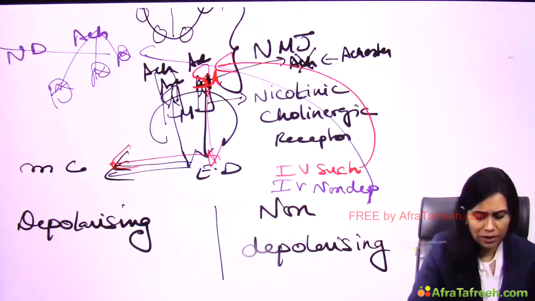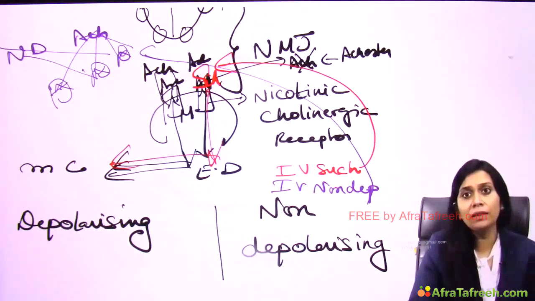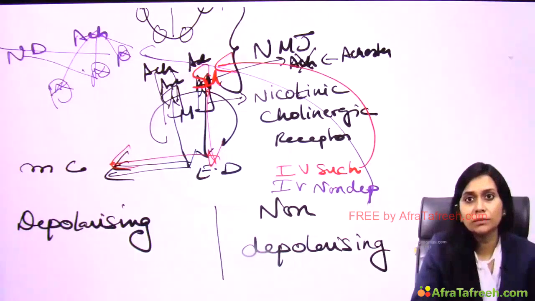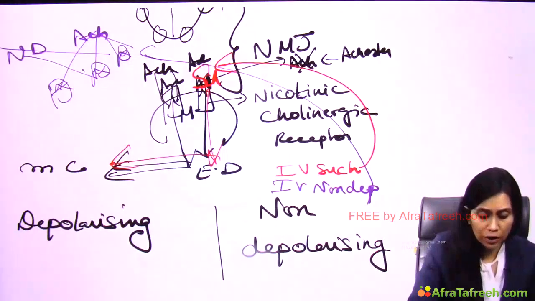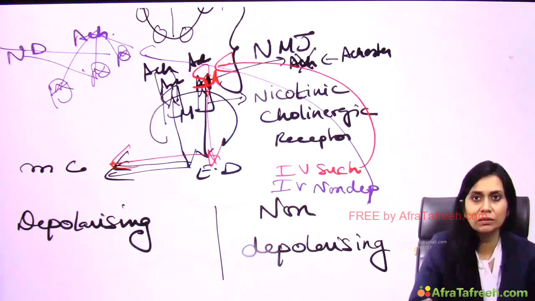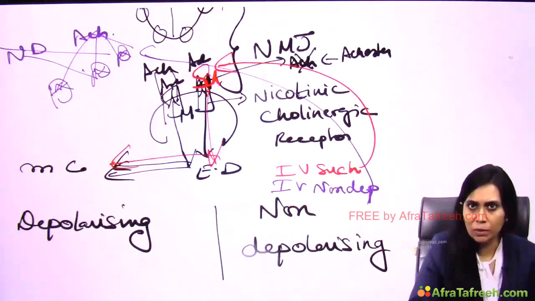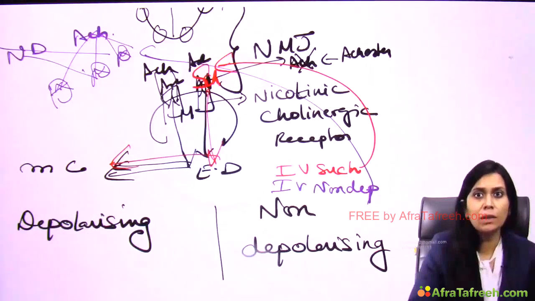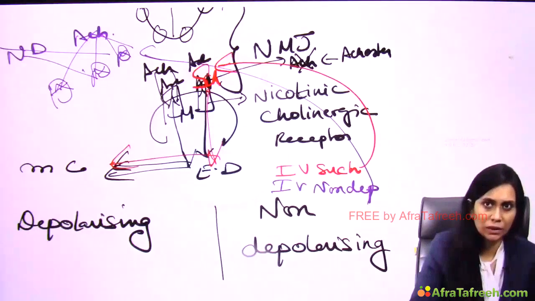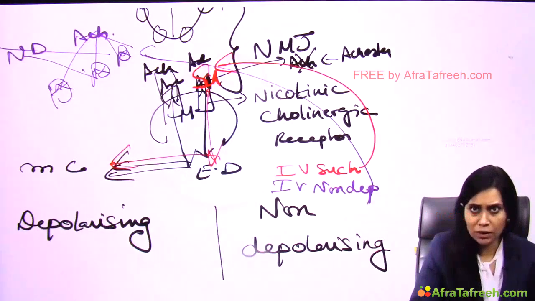But if non-depolarizing wins, it sits on the receptor and does no action. Now, who wins the competition? It is decided according to the quantity at the neuromuscular junction. Whichever molecule is in more quantity will win. If acetylcholine is more in quantity, it will win. If non-depolarizing is more in quantity, it will win. Got it? This is called competitive antagonism.